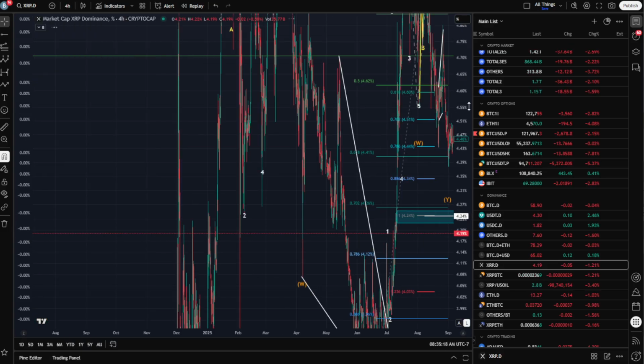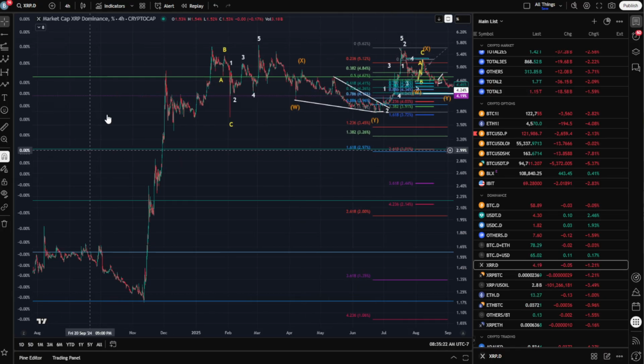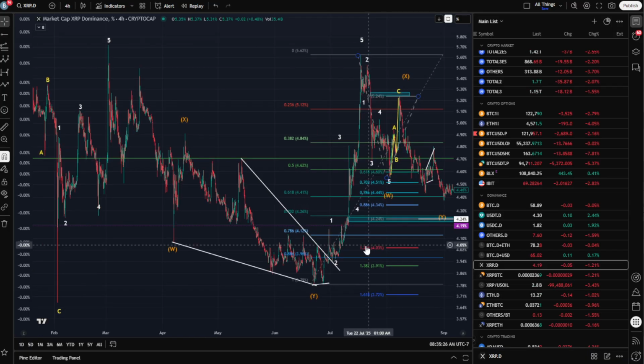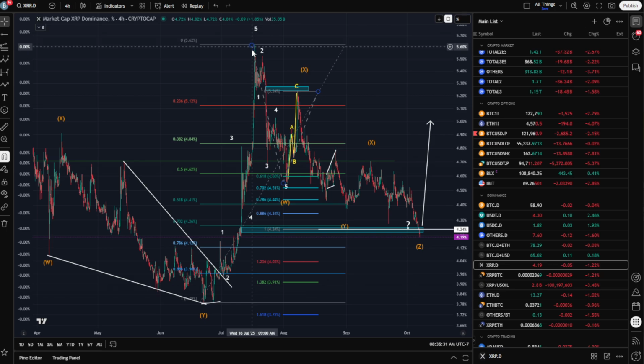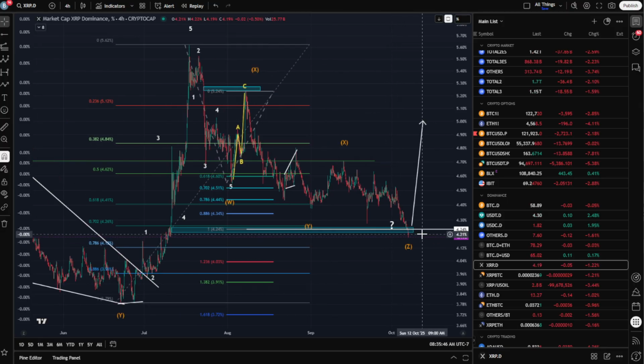If we go to the 4-hour, we had a completion of a 5-wave move off the lows, a WXY wedge pattern, a 5-wave move up, and now we've completed a WXYXZ correction, sweeping beyond the measured move of an equal ABC here and back down into the 786-702 region for XRP's dominance.